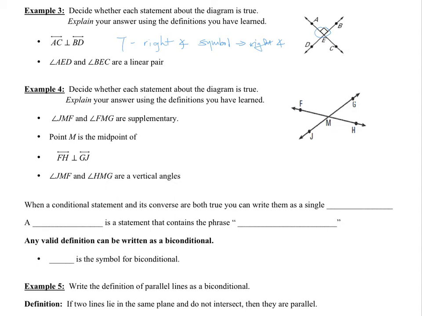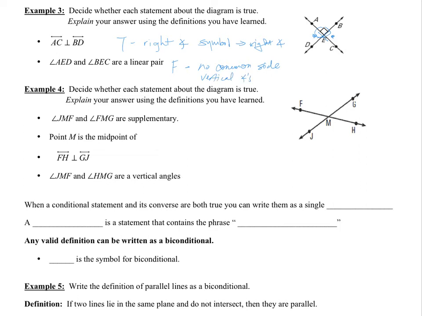So the next one, angle AED and angle BEC are a linear pair. Well, they happen to be vertical angles, so it's false, and they share no common sides. They're vertical angles.